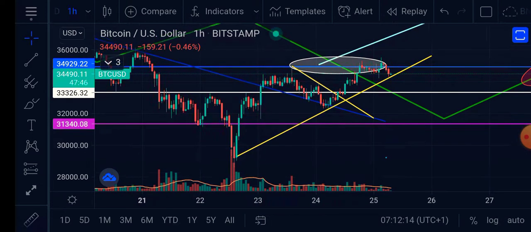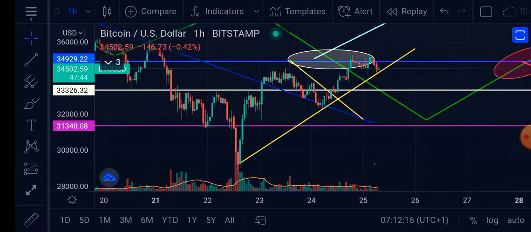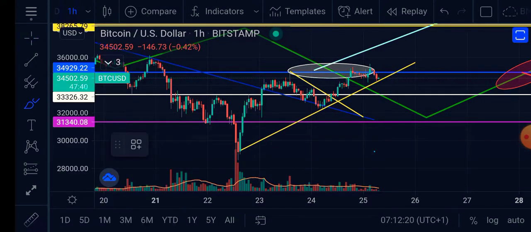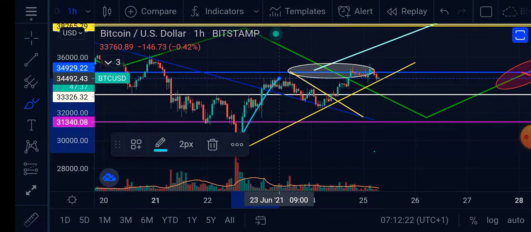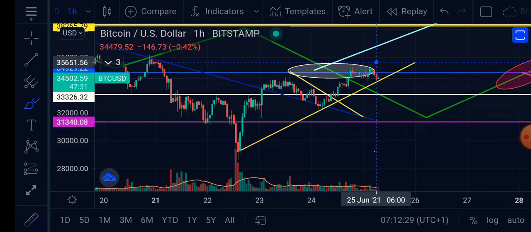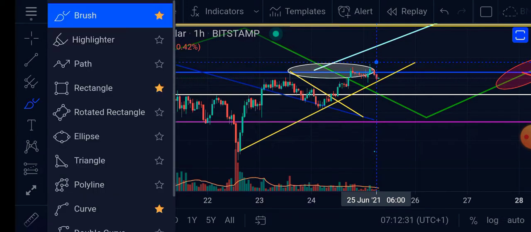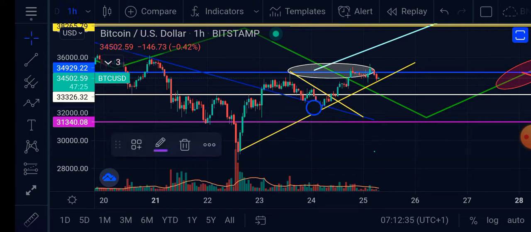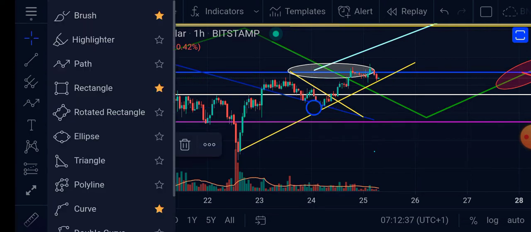Let me show you something. What is currently happening here is that we took this swing high, then this swing low, and then this swing high. I think it would have been better if I used a part two. Let me start from here. Where is that part two?